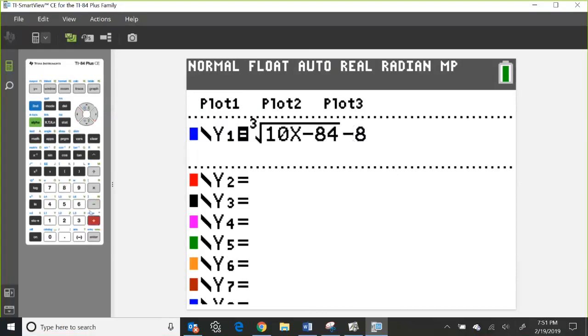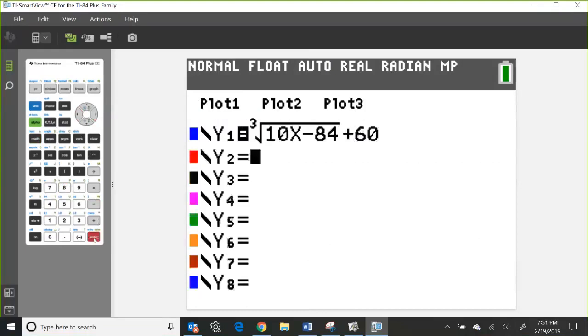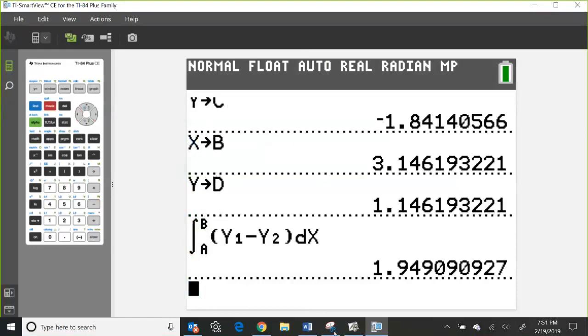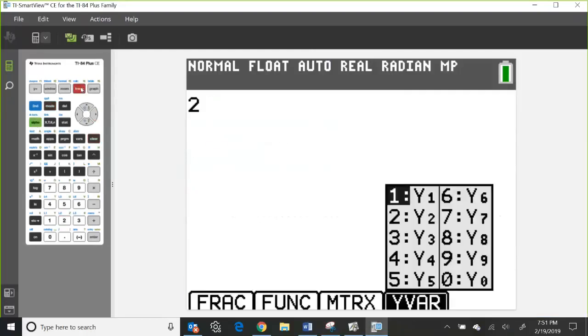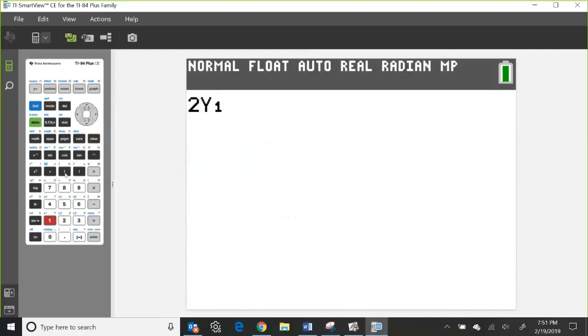And if you remember that in that particular problem, the bases were from 1 to 3 and 3 to 6 and 6 to 8. So all you have to do is put in a 2. And now up your y1, which is the alpha y1. And it's function notation, just like f of x, it's y1 up, and that was the left-hand side of your Riemann.